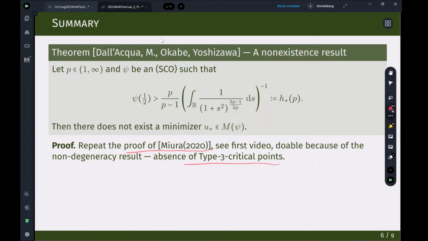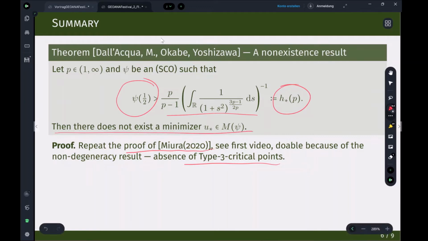And then one can see above the height of this inflectional elastica, which is h star of p here, and it can be written down what it is, but this shouldn't matter too much for this talk. If this cone obstacle is bigger than this height, then no minimizer can exist in M of psi. And the reason, again, is that this graph property is lost and that we observe vertical slopes there.